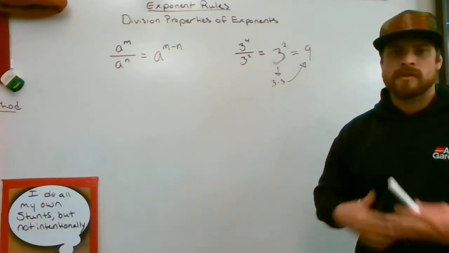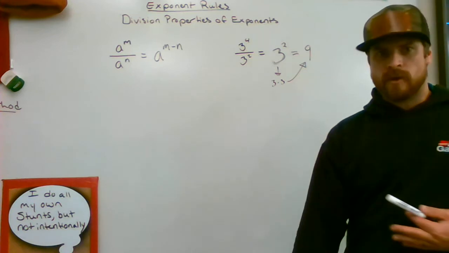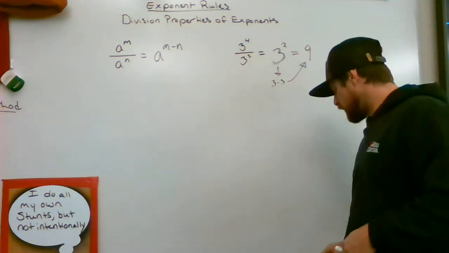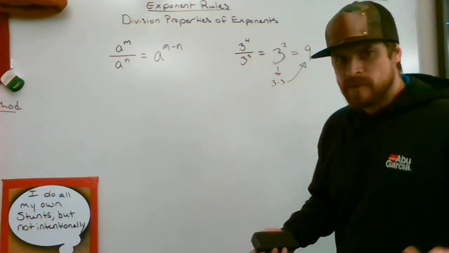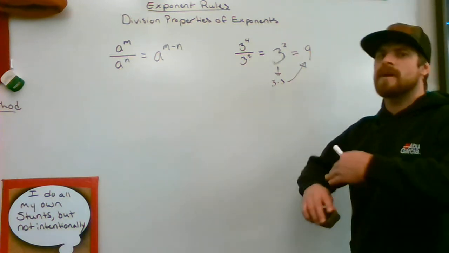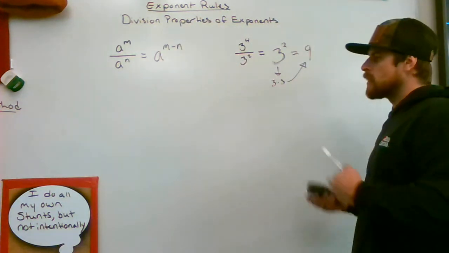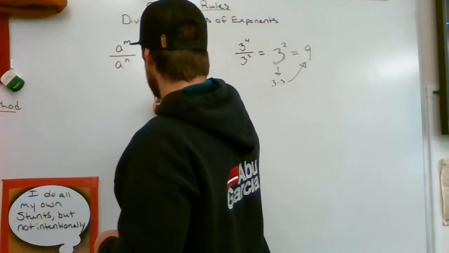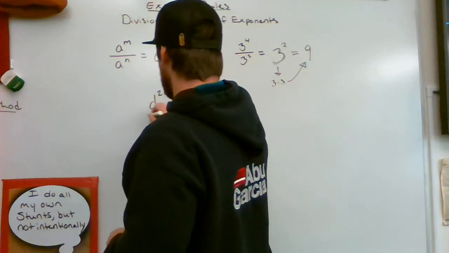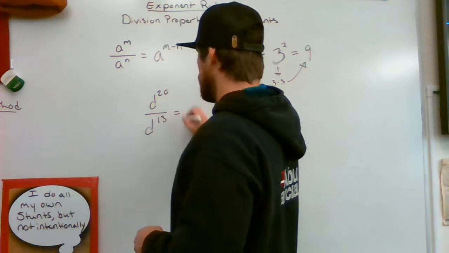Okay, so let's go into some other examples of this. I'll give you one where we come out with a negative result for an exponent and what you would then want to do there. If you've watched my previous video, that would make total sense to you. So please make sure to tune into those other videos. Make sure you have the full grasp of exponent rules, because once you know them all, you understand how they all work. So let's do a variable, d to the 20th power divided by d to the 13th power.